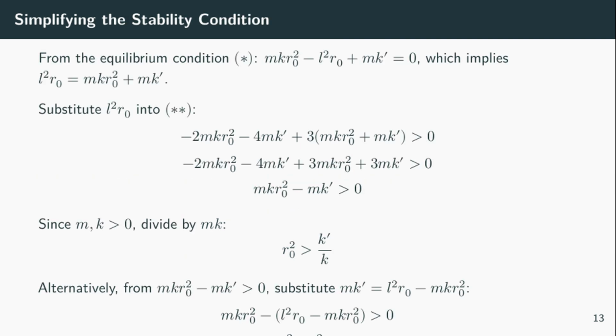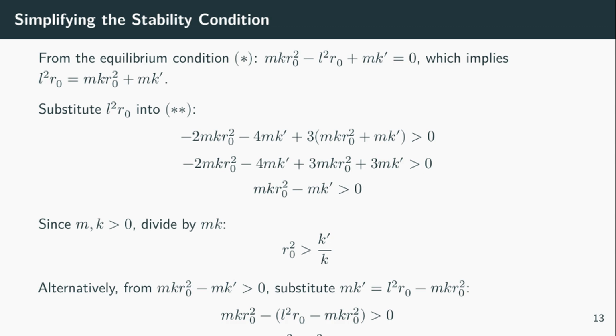Let's simplify the stability condition using the equilibrium condition we found earlier. We can substitute the equilibrium condition into the stability inequality in two ways. First, substituting for L squared r0 and simplifying the resulting expression yields the condition that mk r0 squared must be greater than mk prime. Dividing by mk, this means r0 squared must be greater than k prime over k.